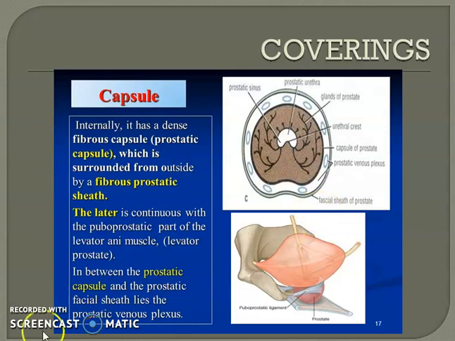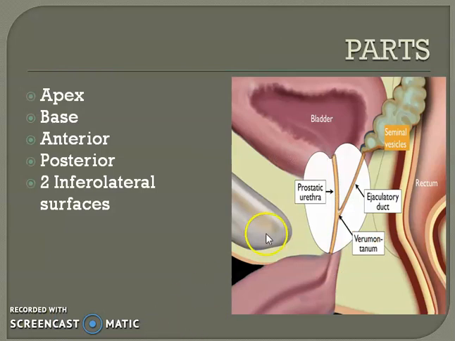One should remember that, as the prostate is a conical organ, it has an apex and base, an anterior surface, a posterior surface and two inferolateral surfaces.